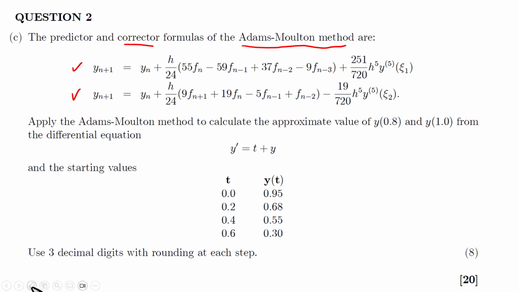The predictor-corrector formulas of the Adams-Moulton method are the following. y_{n+1} is y_n plus h over 24, open bracket 55 f_n minus 59 f_{n-1} plus 37 f_{n-2} minus 9 f_{n-3}, plus 251 over 720 h to the 5 y to the 5th power, evaluated at xi1.